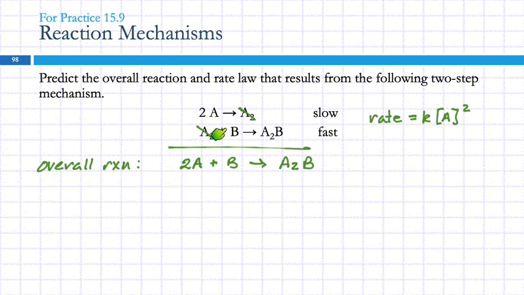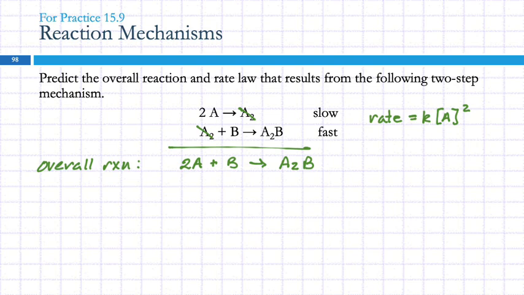Well, A is a reactant. If we have something with A2 in it, that can't possibly be the rate law for the reaction, right? But when we have a slow first step, we can just use the rate law for the first elementary step, and that should work for the overall reaction. So if the first step is slow, it's easy.